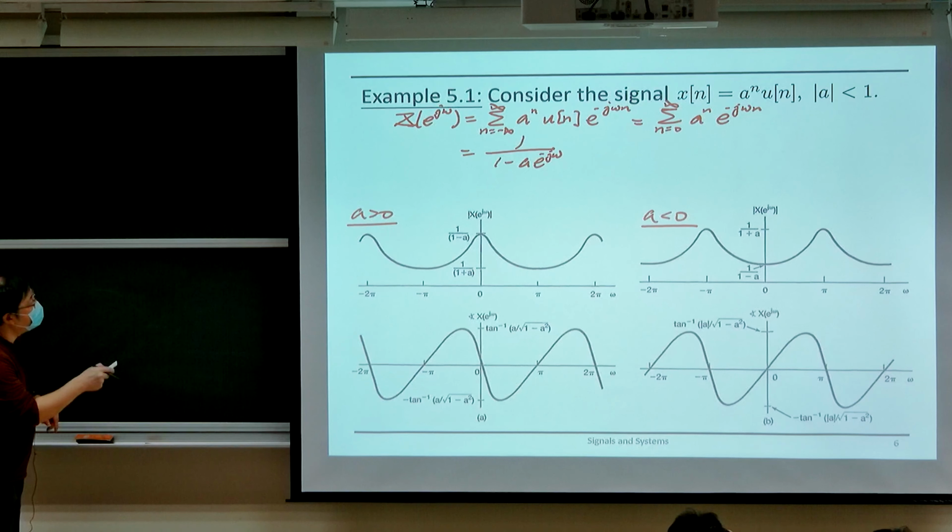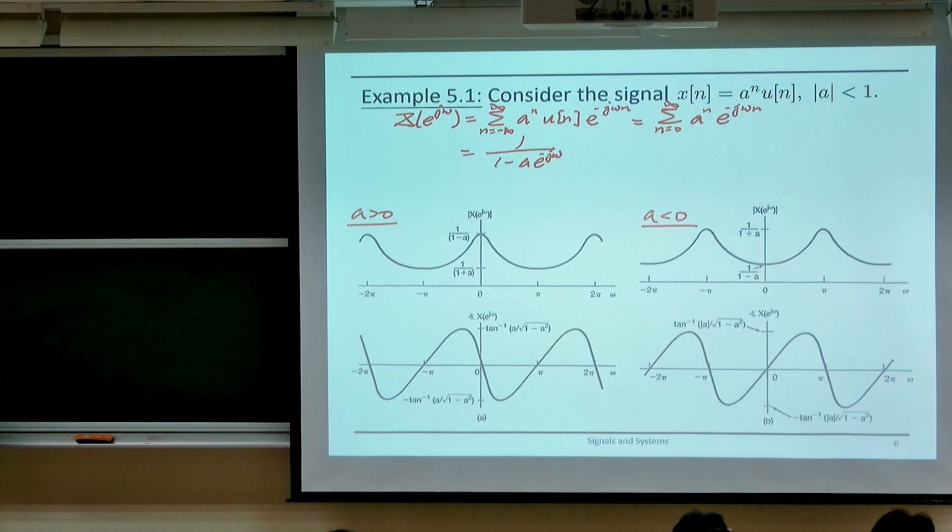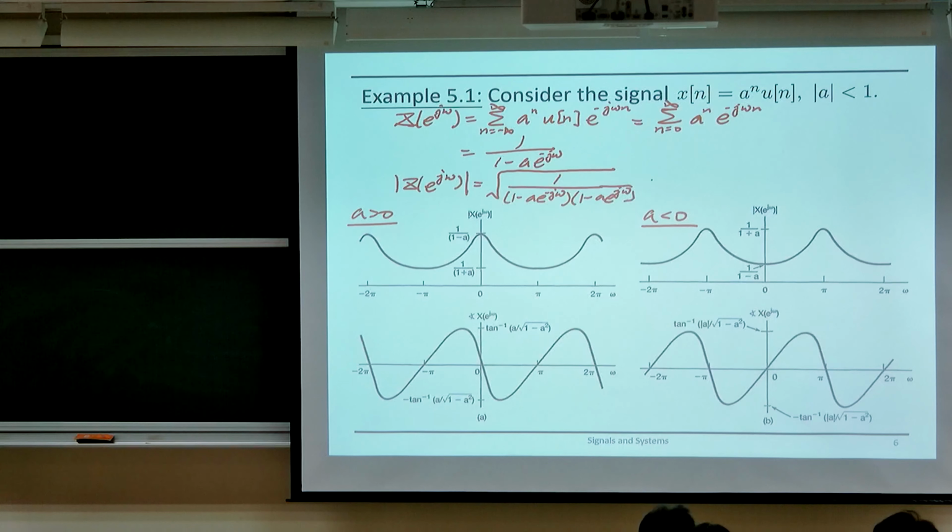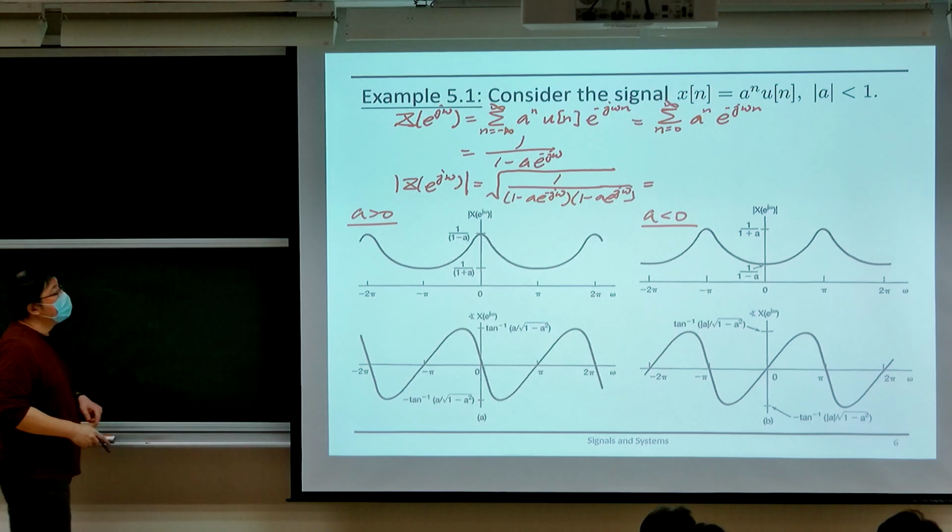Right. So for example, suppose we focus on the magnitude. So the magnitude is just the square root of 1 over 1 minus a e to the minus j omega, times 1 minus a e to the j omega. Okay?